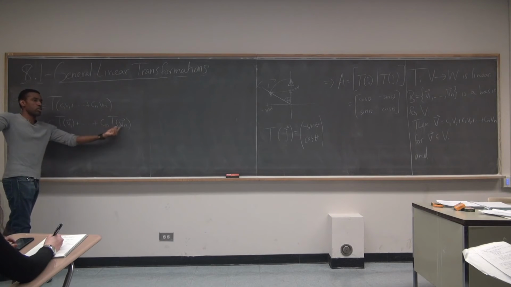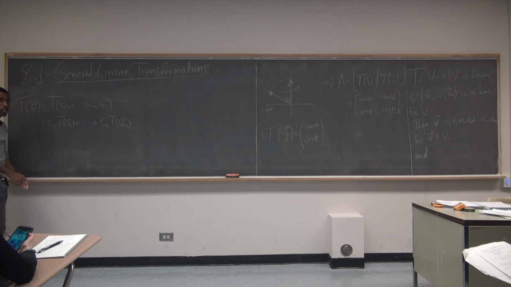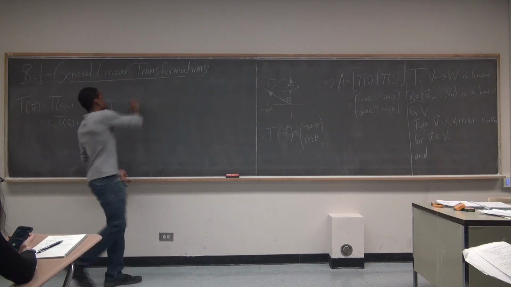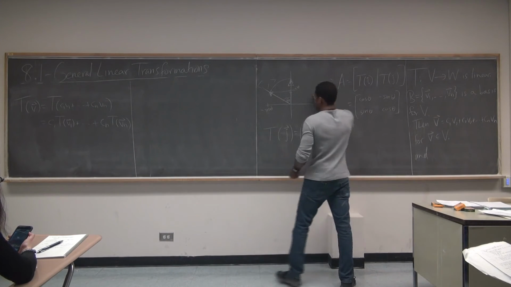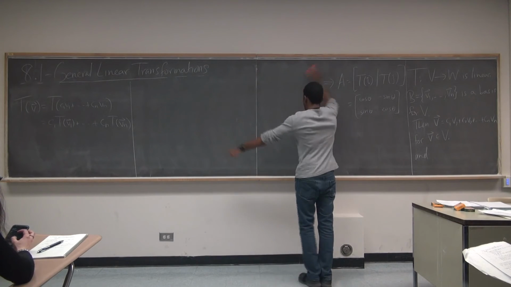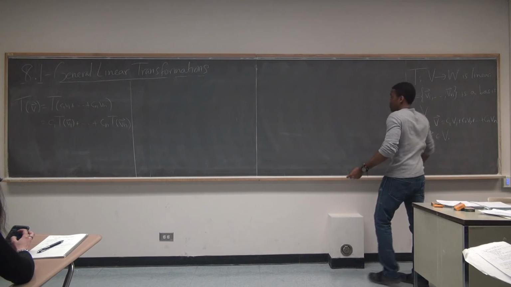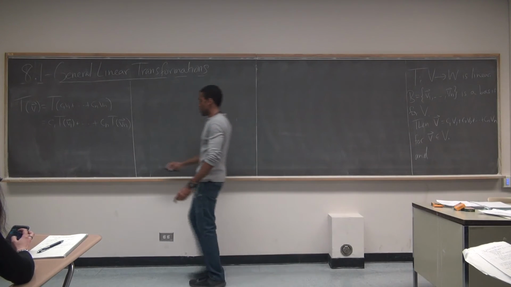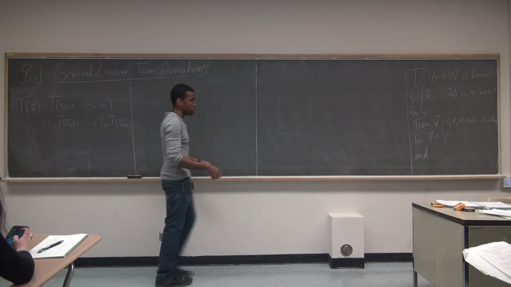Because once you know what happens to those columns, which are the input guys, you know what happens in the range, because it's just a transformation of the input guys. So that's why when we're looking for a basis for the range, we're actually looking at the column space of A. Because it's our input guys that will carry over to the output guys, and we can write them as a linear combination in exactly the same way, using exactly the same coefficients.